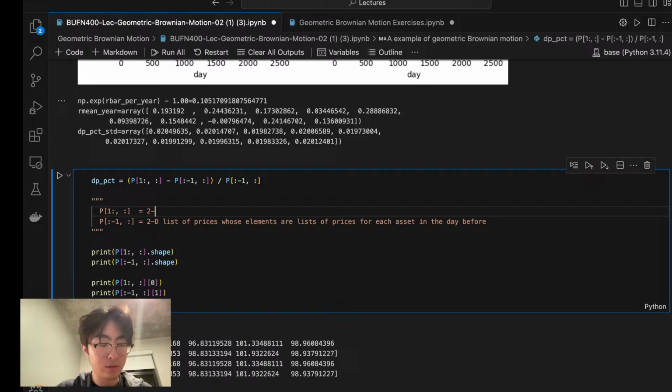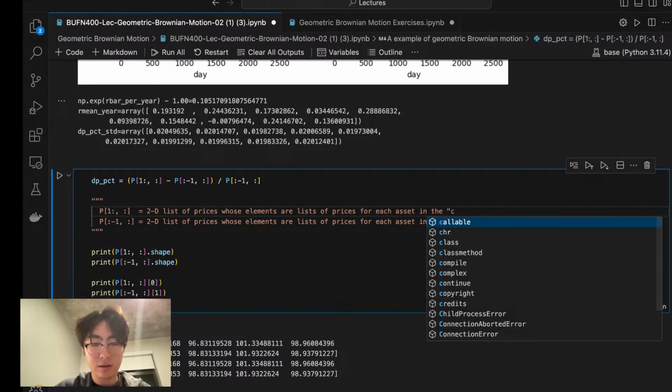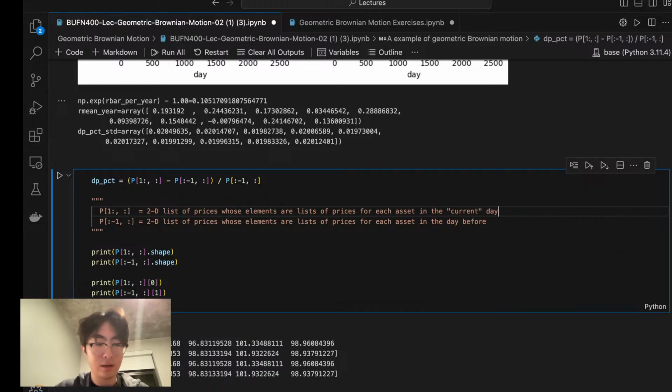Equal to the list of prices whose elements are list prices for each asset in the current day.